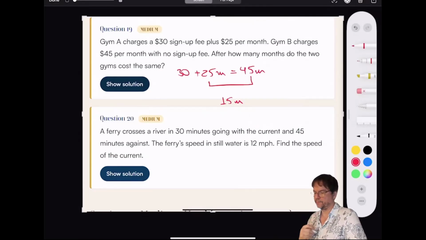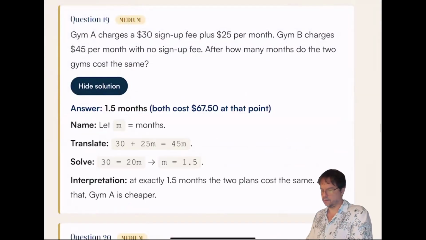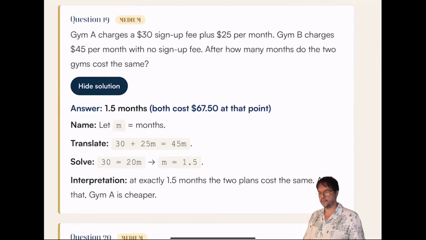Do you agree? Yes. Is equal to 30. M is equal to 2. Let me check if there's a discrepancy. Uh-oh. Yeah, the solution is wrong.